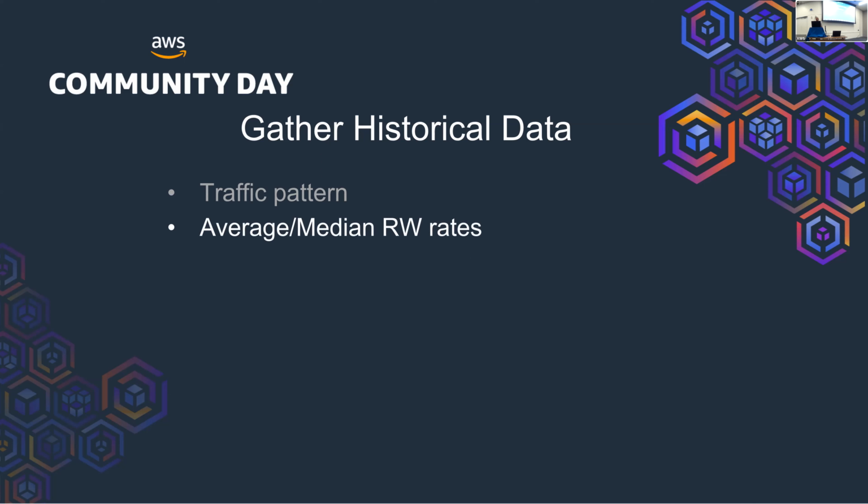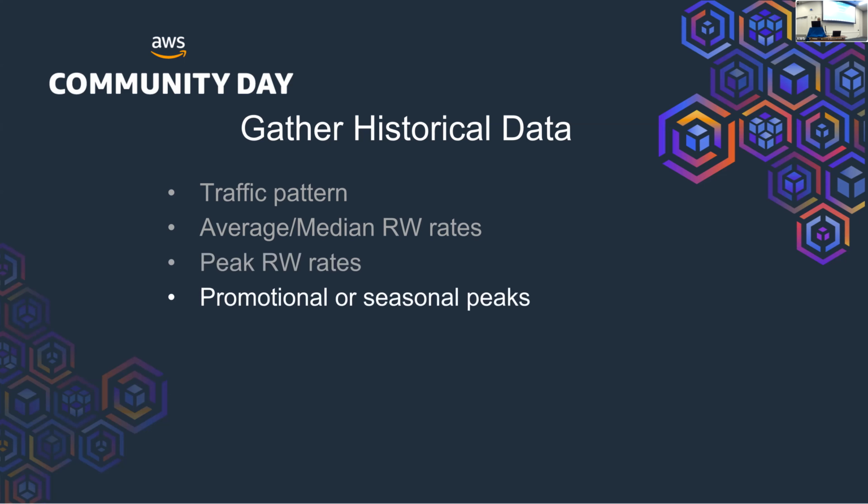Calculate average read-write rates. You can also calculate peak read-write rates during the day, not seasonal peaks. Seasonal peaks we handle. We'll talk about later. And then we'll also talk about if there are promotional peaks and seasonal peaks. And again, that's not a problem.